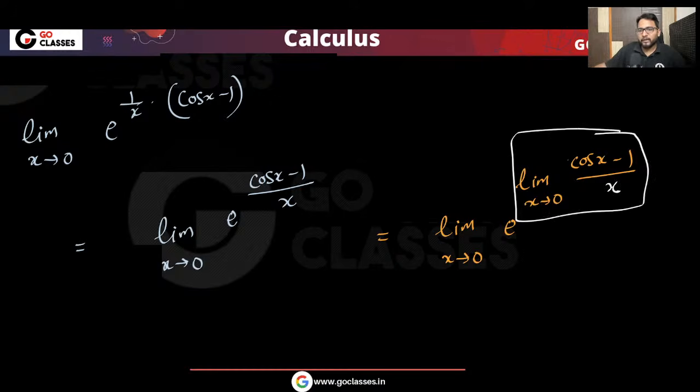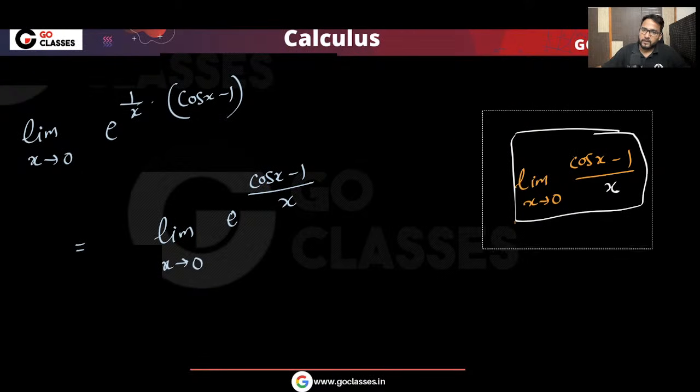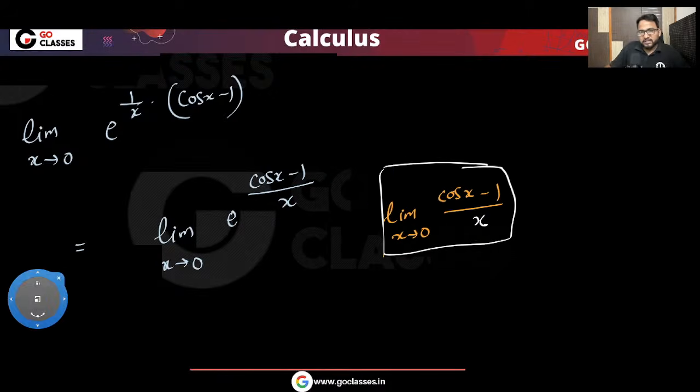So basically, let's just solve this part. Okay, let's forget about everything else for a moment. Let's just solve this part. Can you solve this part? Okay, let's just solve this limit separately. This particular limit. I want to solve this particular limit separately. This is 1 minus 1, which is 0 upon 0.